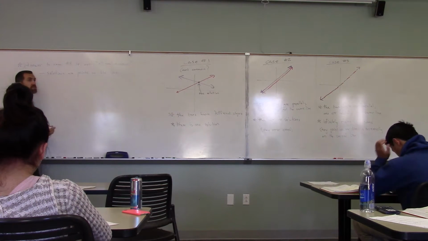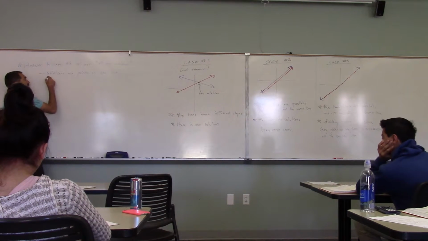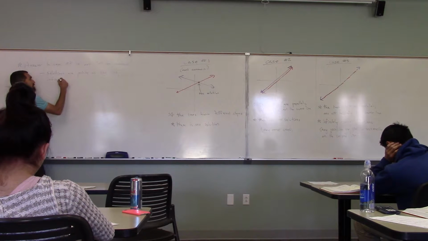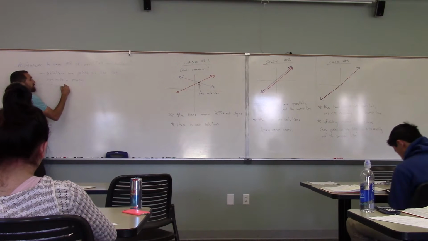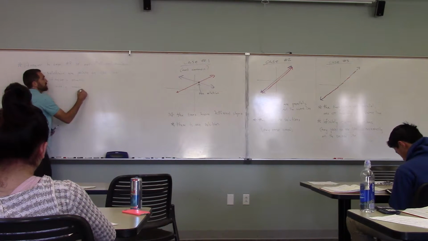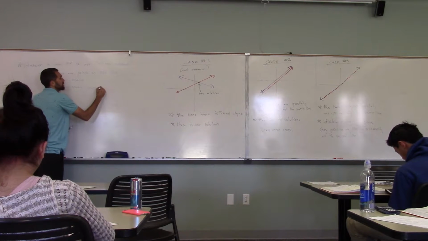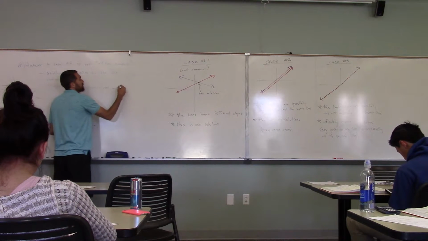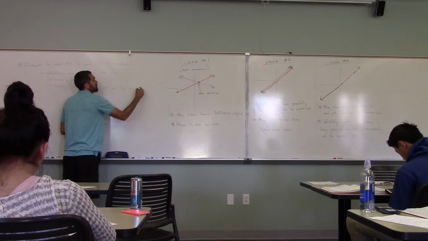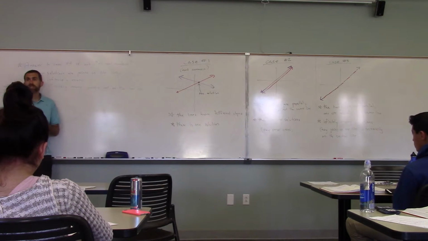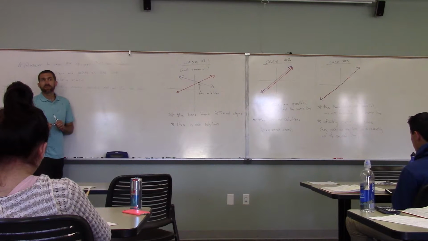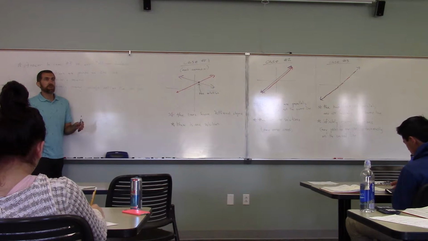So there are infinitely many, but there are also infinitely many points not on the line too. So in general, you would just say there are infinitely many solutions. That's it. And that will be as far as you go.